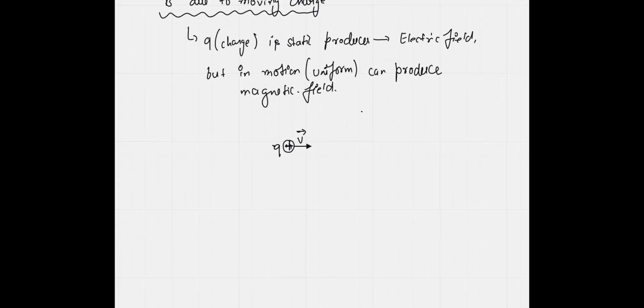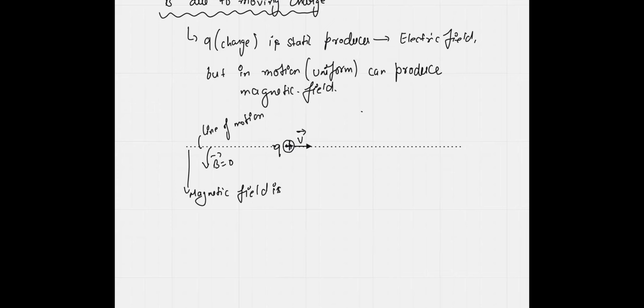Basically, this is the line on which it is moving. And right now, assume the magnetic field to be zero on the line of motion.